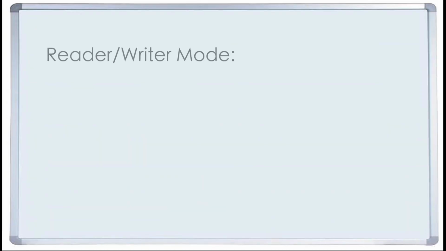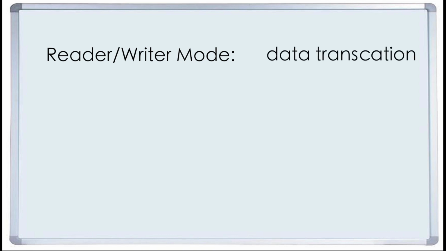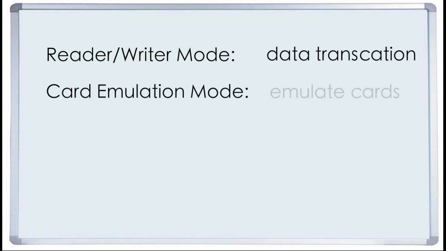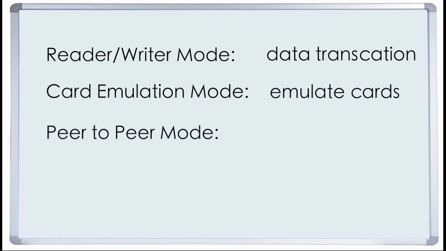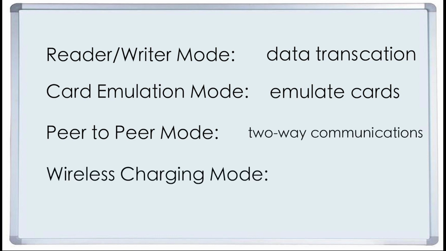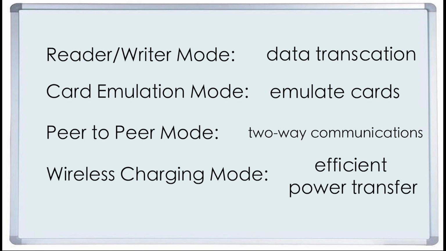The reader-writer mode, which facilitates data transactions on passive devices. The card emulation mode, where an NFC device emulates cards. The peer-to-peer mode that promotes two-way communications. And not to forget the wireless charging mode, showcasing the future's potential by offering efficient power transfer.